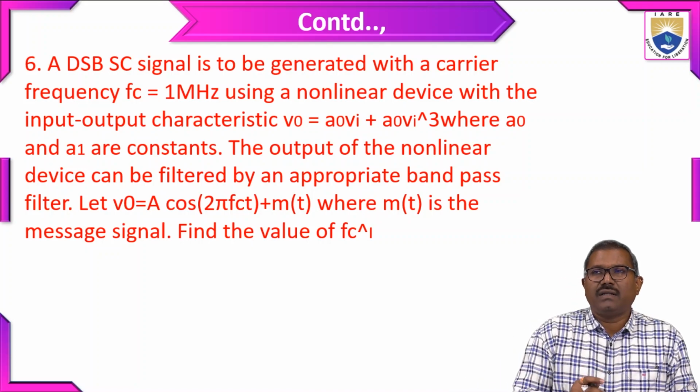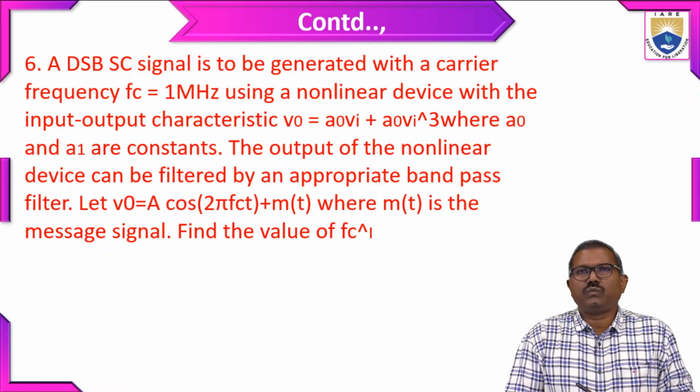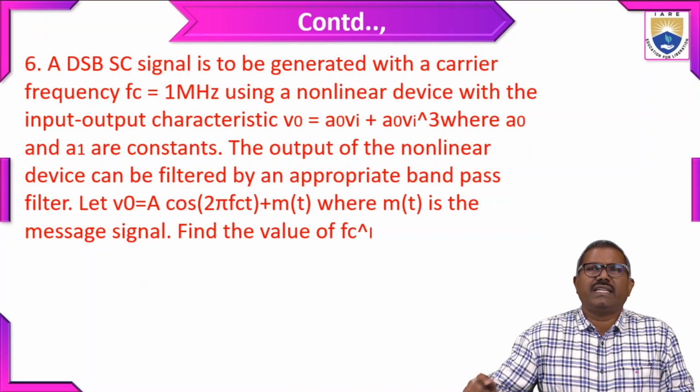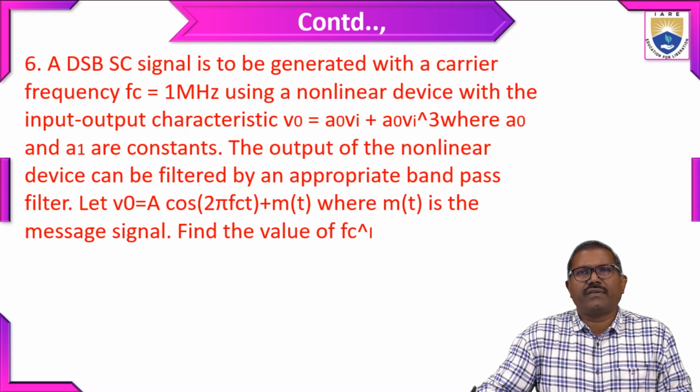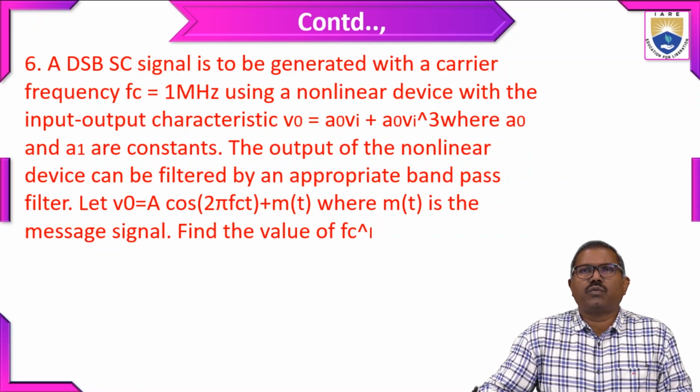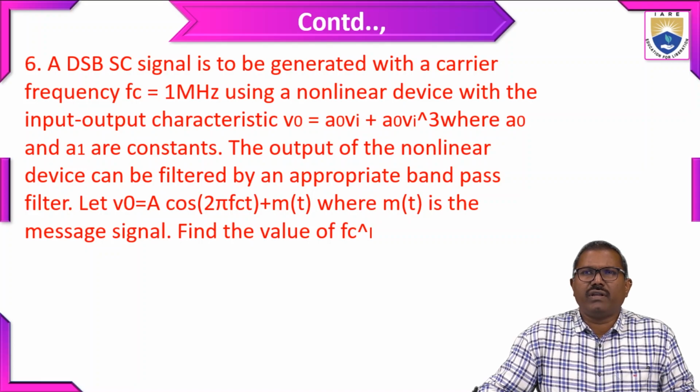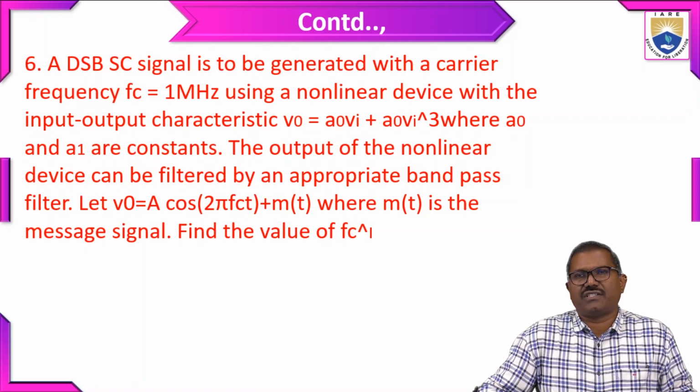Okay, so that is the DSB-SC. Now the DSB signal is to be generated with a carrier frequency fc equal to 1 megahertz using a non-linear device with an input-output characteristic V0 is equal to a0 Vi plus a1 Vi cube, where a0 and a1 are constants.